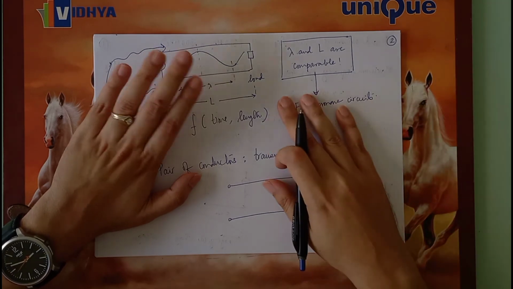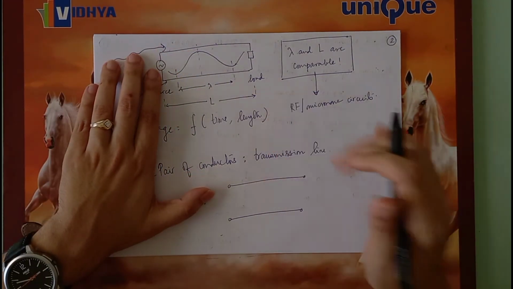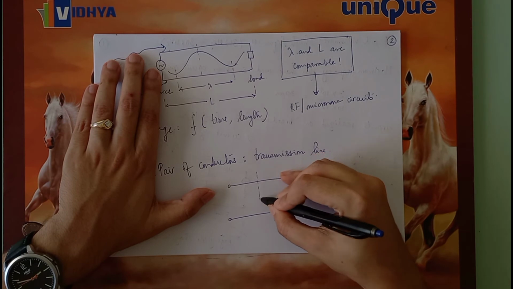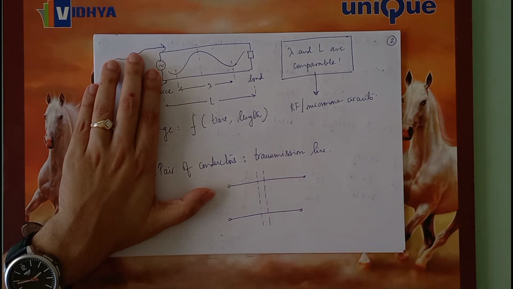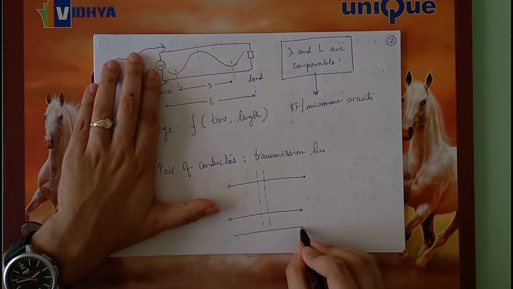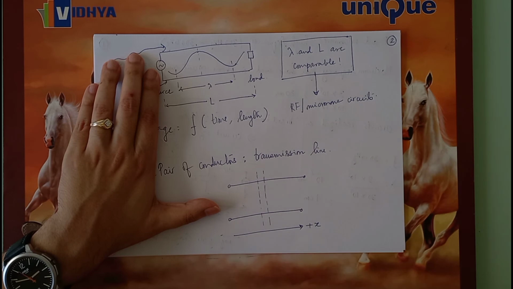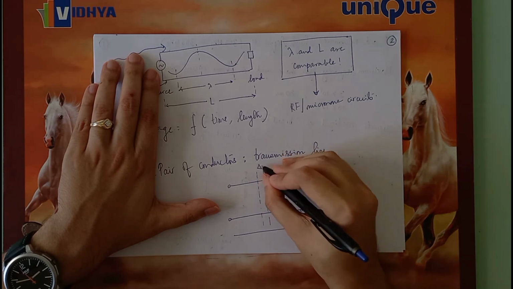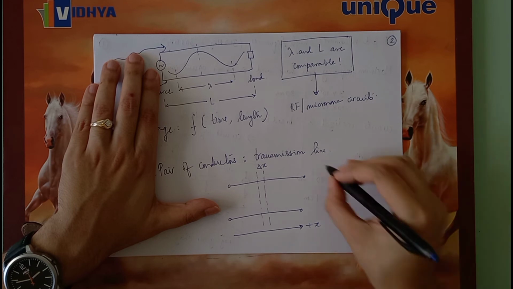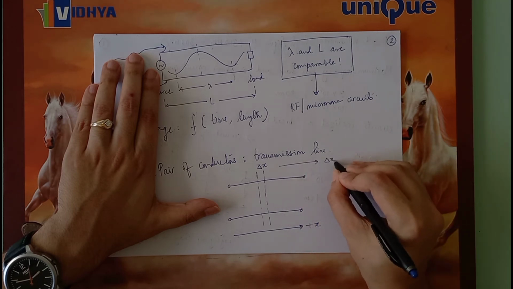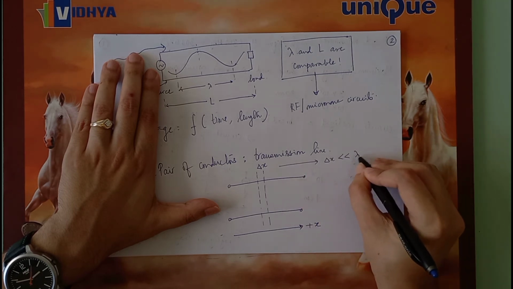We still somehow want to make them applicable over here. Therefore, in the transmission line, we consider a very small section. If you assume that this is the positive x direction, this infinitesimally small section is called delta x, and it's very, very small. So delta x is much, much smaller than lambda.